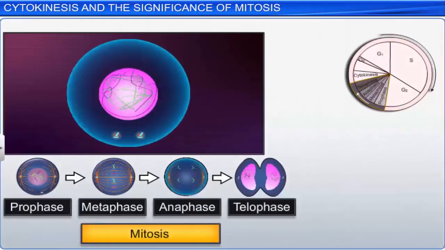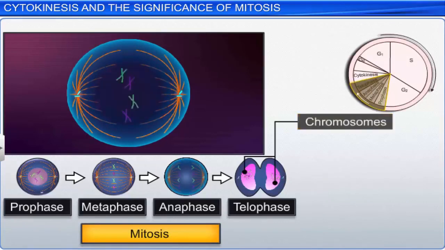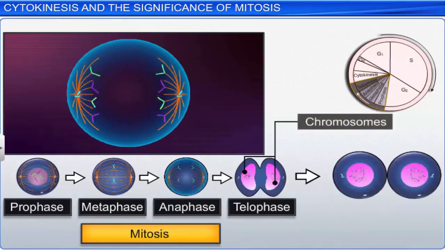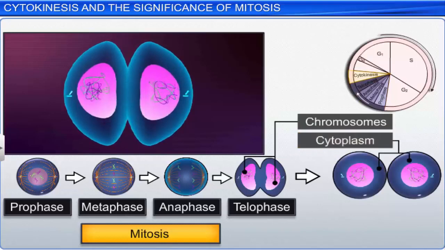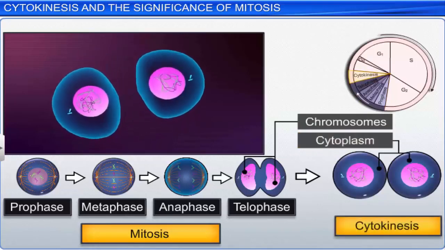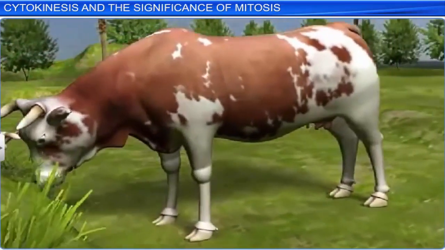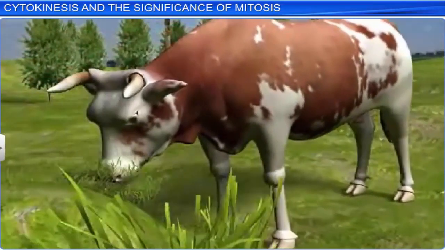Mitosis results in the segregation of duplicated chromosomes into 2 daughter nuclei and is followed by the division of cytoplasm, that is cytokinesis, to produce 2 daughter cells. However, the process of cytokinesis is different in animal and plant cells.